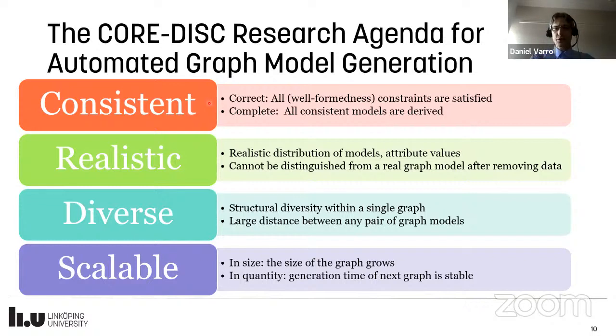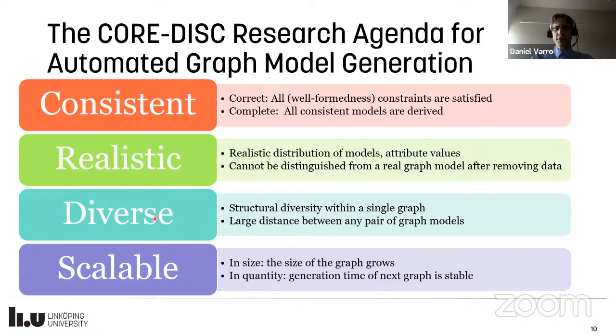You remove all the attributes, you remove all the parameters, and after this, we would like to see that the actual structure of the two models are very close to each other. That's one aspect of realistic nature. Another one is, of course, having models from a realistic distribution.